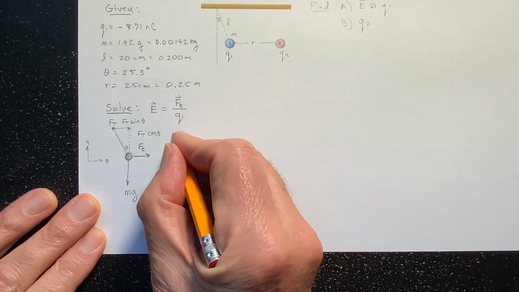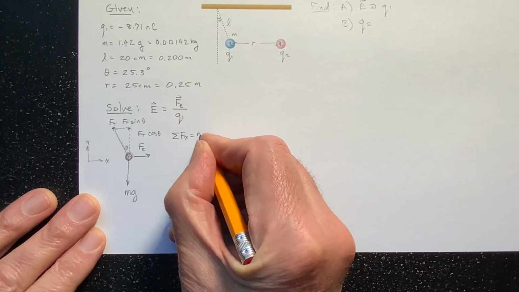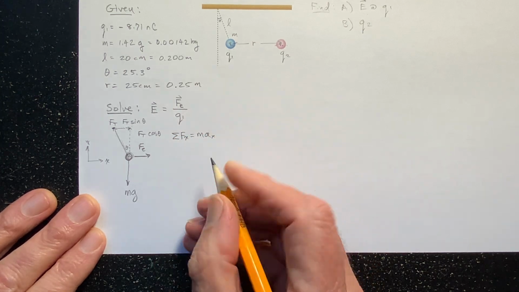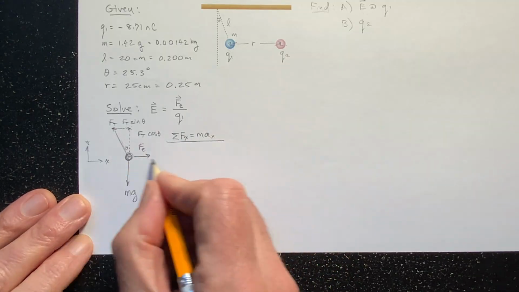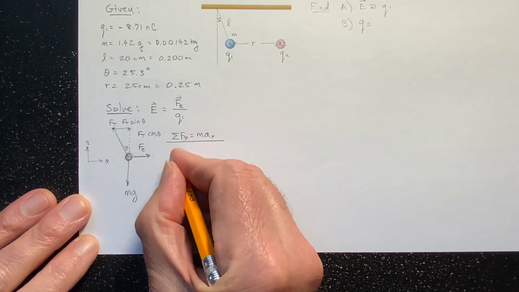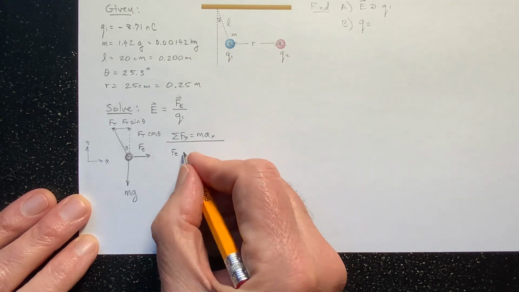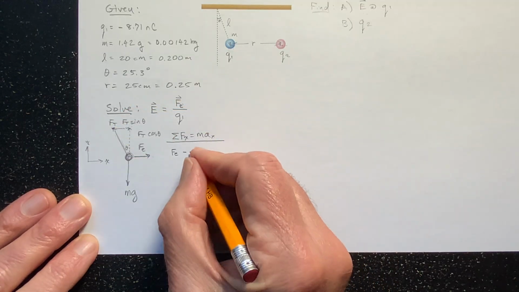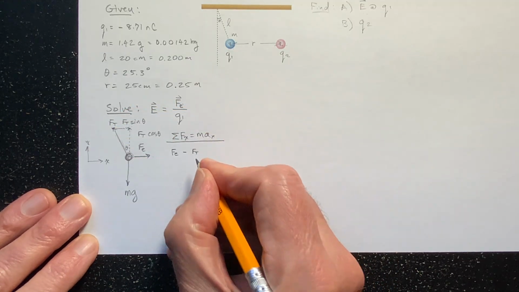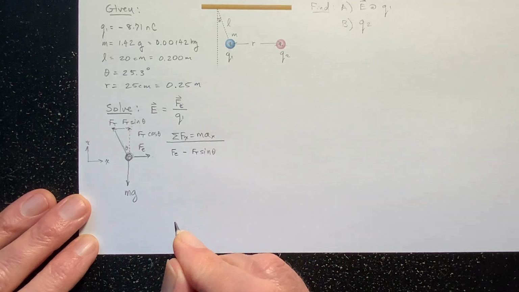So I'll say, okay, let's sum the forces in the x direction. That equals ma in the x direction. So what's in the x direction? Well, I've got this electric force. That's what I'm trying to find. So that's good. And then minus, because it's to the left, this Ft, the tension force, times the sine of that angle.